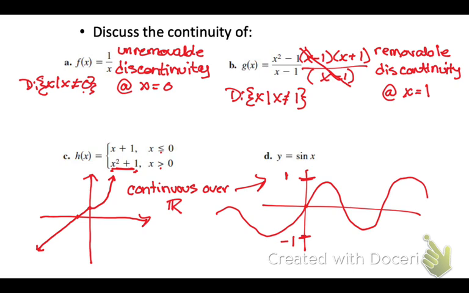No, that's your range. We're talking x values. We're talking domain. We typically describe graphs in terms of domain, because if I know a domain, does the range automatically come with it? Yeah.